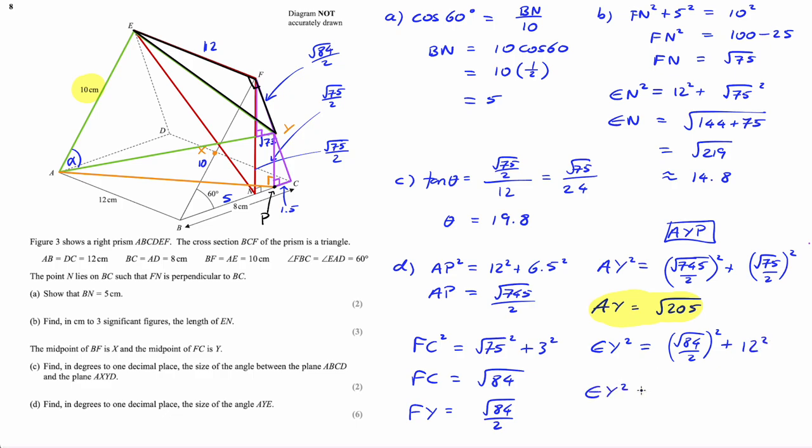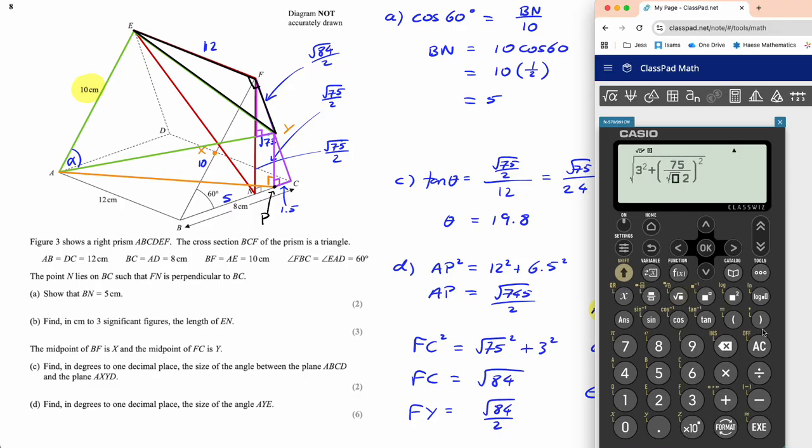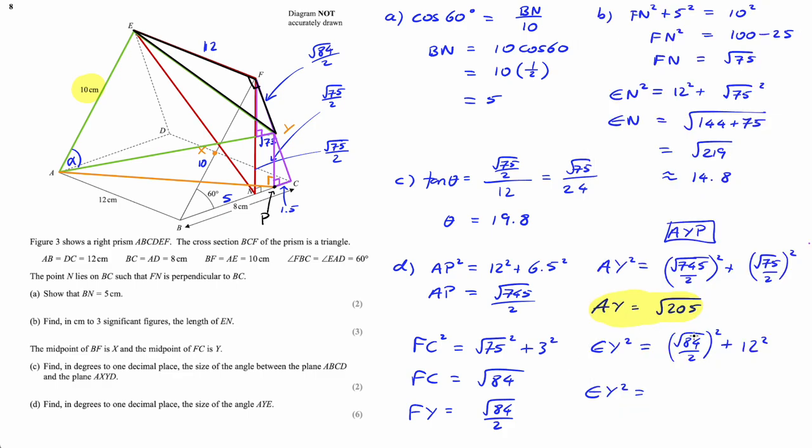EY is therefore the square root of 12 squared plus root 84 over 2 squared, and that's root 165. So EY is the square root of 165. Okay, so I have EY.